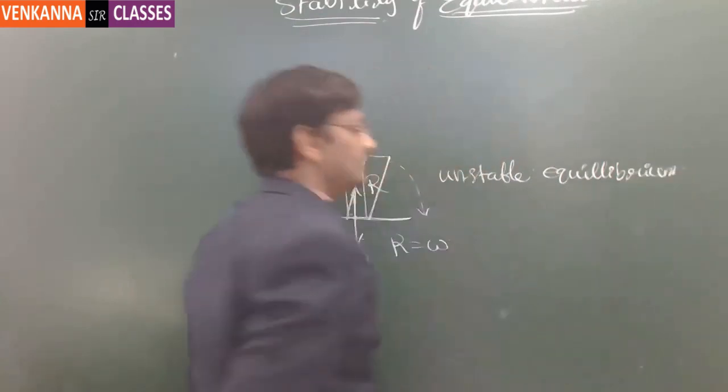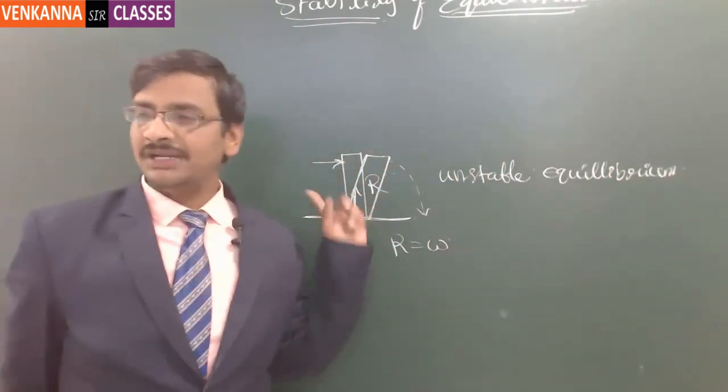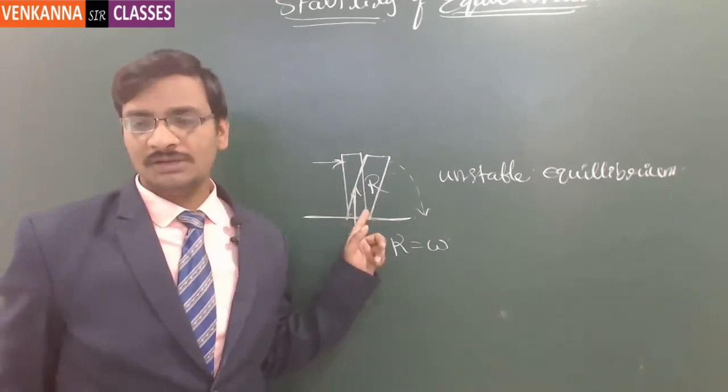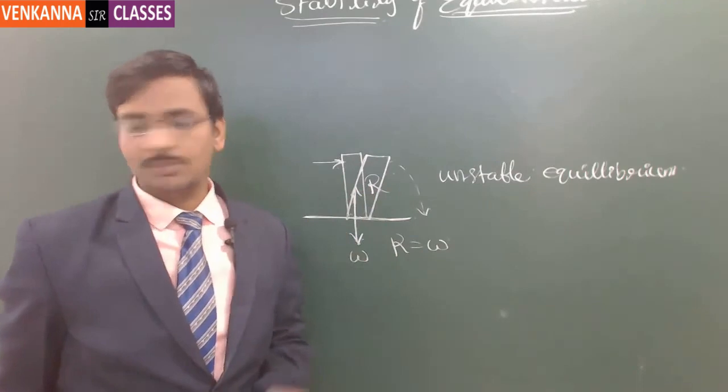Unstable equilibrium. Here initially the system is under equilibrium condition, but if you give it a little displacement, it goes out of equilibrium. That means it will fall down.